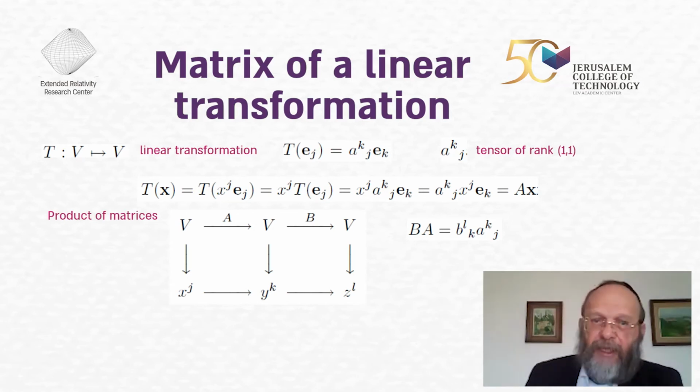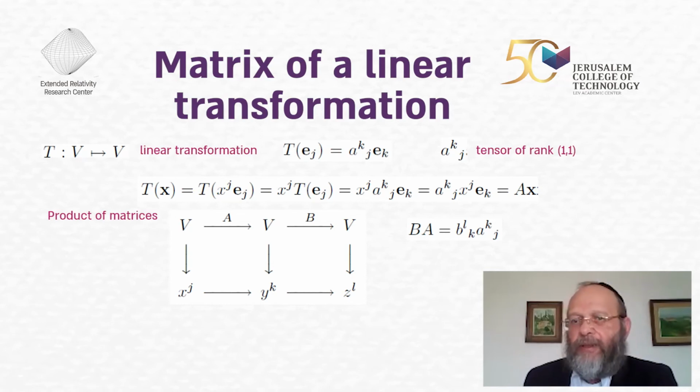How do you get the product of matrices? Very simple. You had a map A from V to V, then another map B from V to V, and you look at the coordinates and you get the transformation of the coordinates. So on the coordinates, you get that the transformation is also a contraction of B with A, and the order has to be this way, because we are applying to vectors, and A has to be applied first.